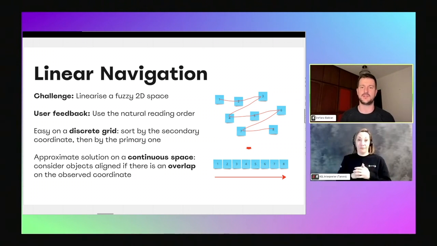We consider the objects aligned not only if they have the same value on the vertical coordinate, but also if they overlap vertically. So if, drawing a horizontal infinite line, we have two objects that are intersected by the line, then we consider those objects as aligned. And in this way, we can solve the natural reading order on this fuzzy space.